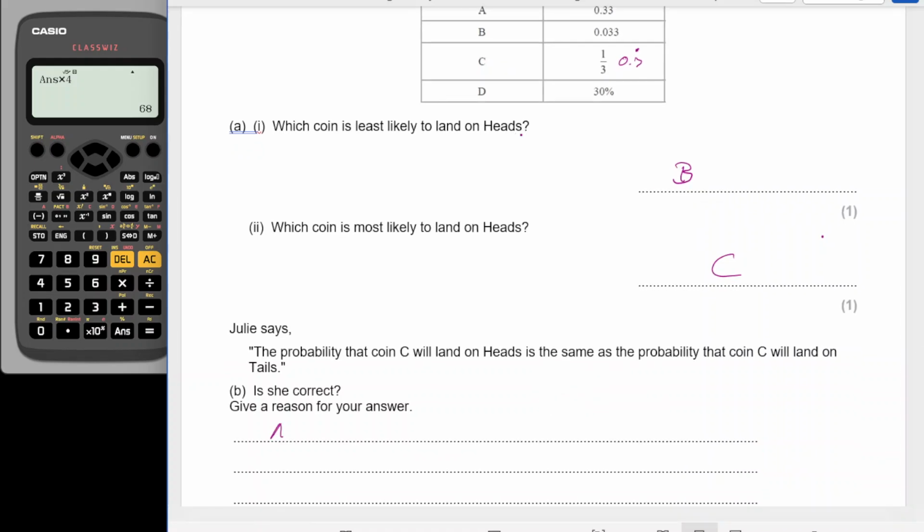No. Probability of C landing on heads is equal to 1/3. The probability of C landing on tails would be 2/3. So no, not equal.